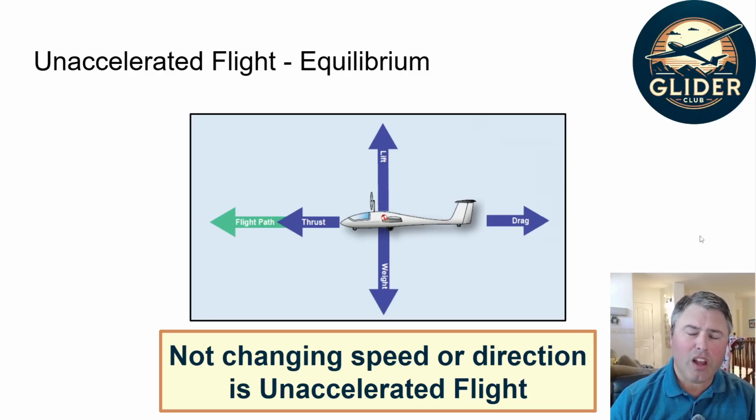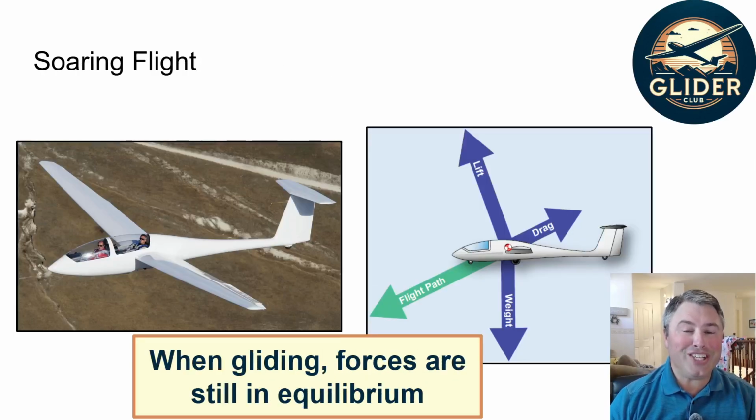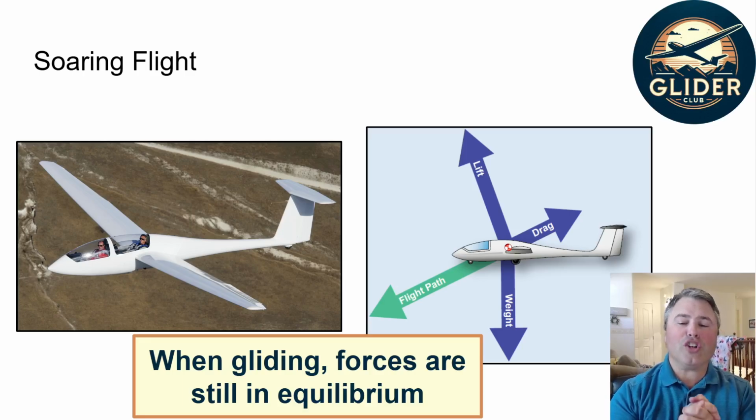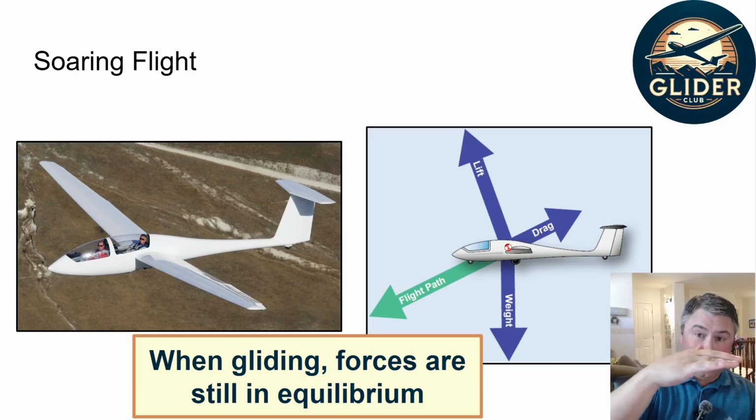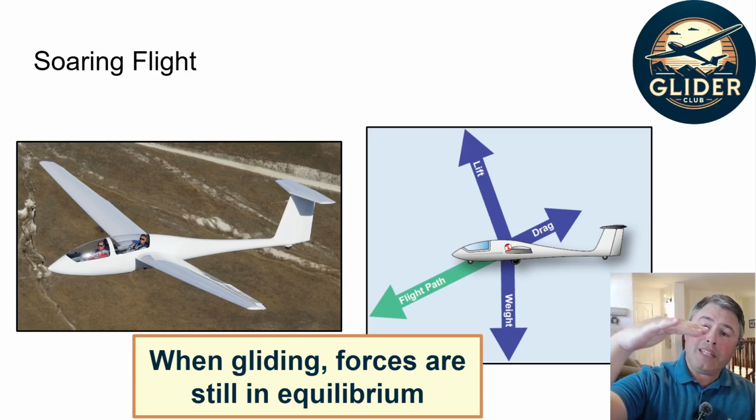Equilibrium. Of course, for a glider, the fun starts when the engine stops. And for a glider, those forces are still in equilibrium. The glider, instead of flying straight and level, is always coming downward naturally, okay?